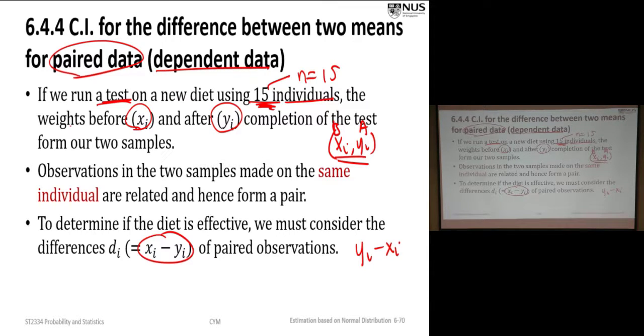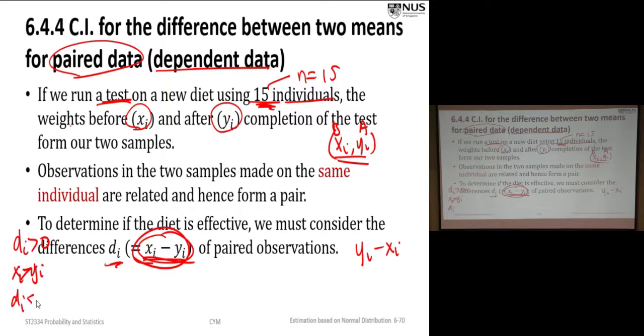So when you look at this Di, if it's positive, it means that the before weight is bigger than the after weight. If Di is negative, then that means after joining the program, at the end, the weight is heavier than the before, if you define your Di as Xi minus Yi. So what I'm trying to say is that the behavior of Di, for example, Di bigger than 0, then if you define it like that, then it means Xi is bigger than Yi.